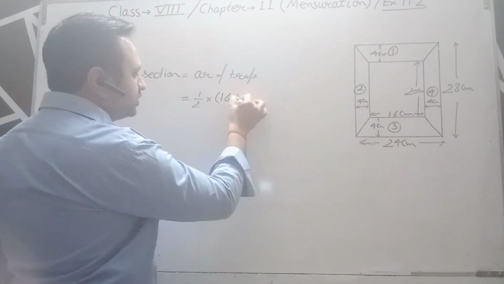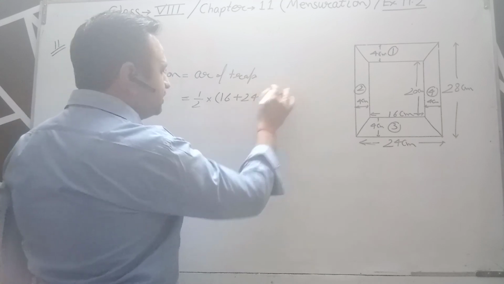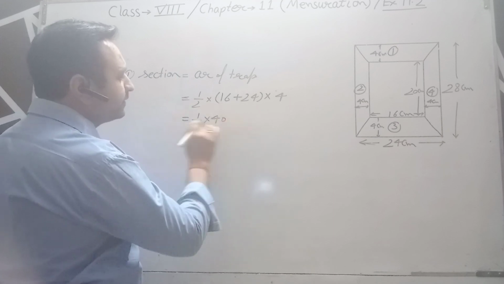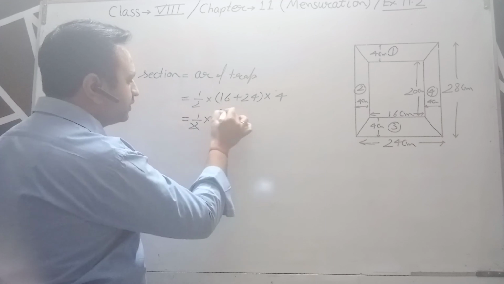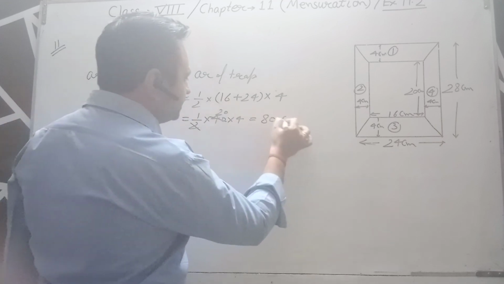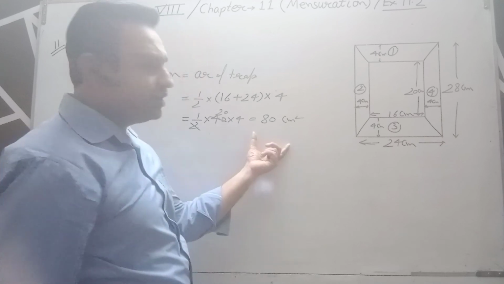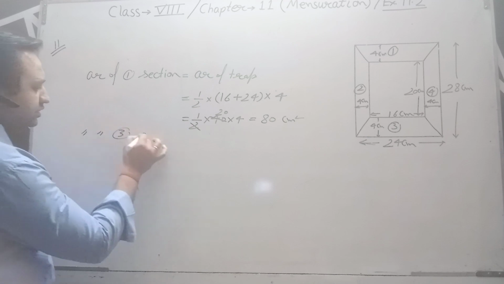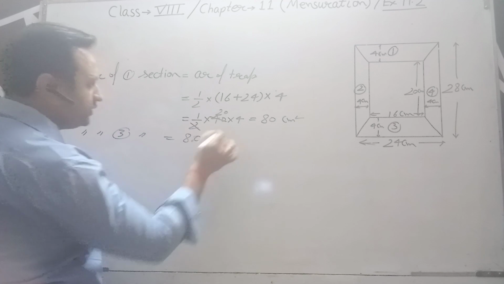So 16 plus 24 into distance between them, which is 4 centimeter. Their sum is 40, multiply 4, it means 80 centimeter square, and the area of the third section is also 80 centimeter square.